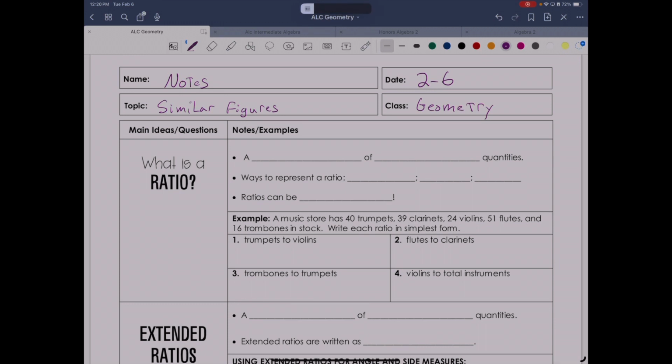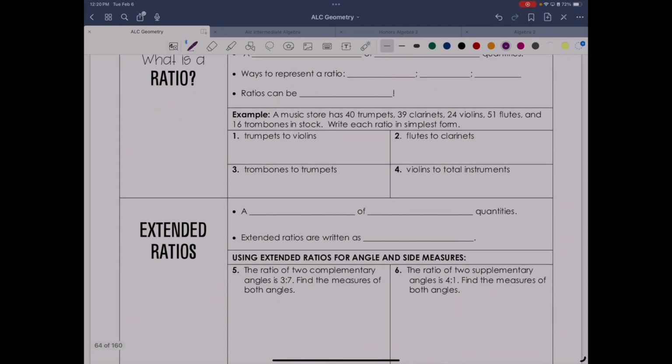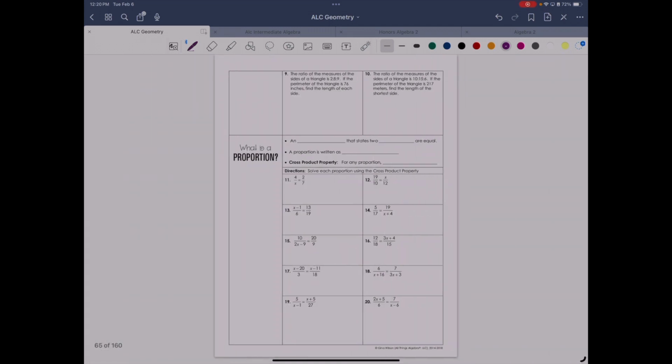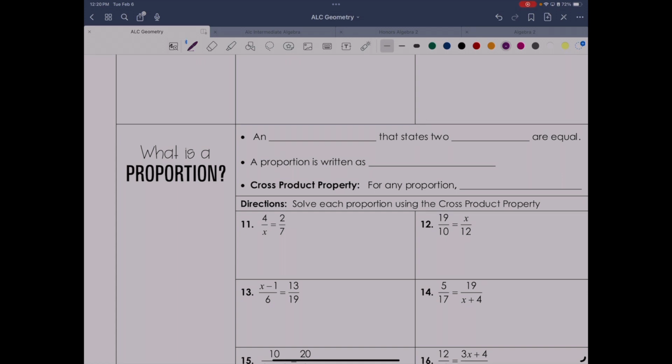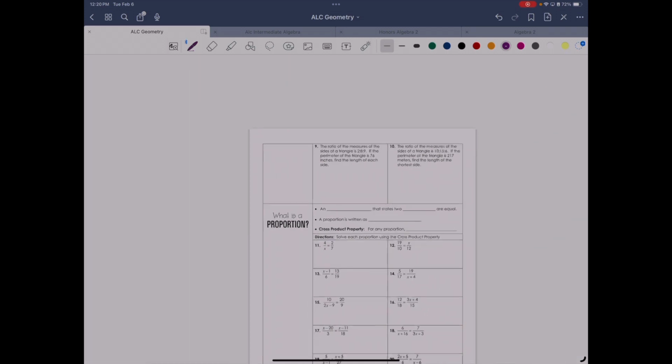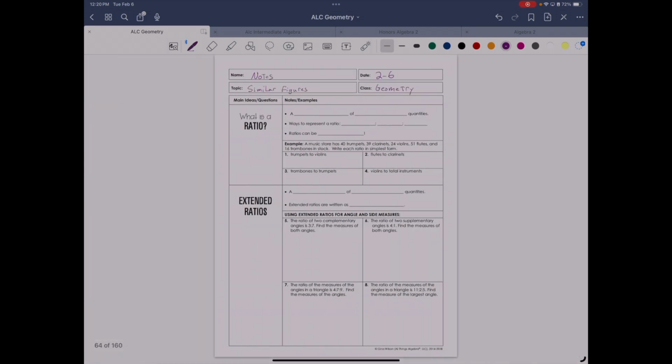In section of was essentially Unit 7, talking about similar figures. Today what we're going to talk about is what is a ratio, what are extended ratios, and then what is a proportion, and being able to solve these different types of problems.